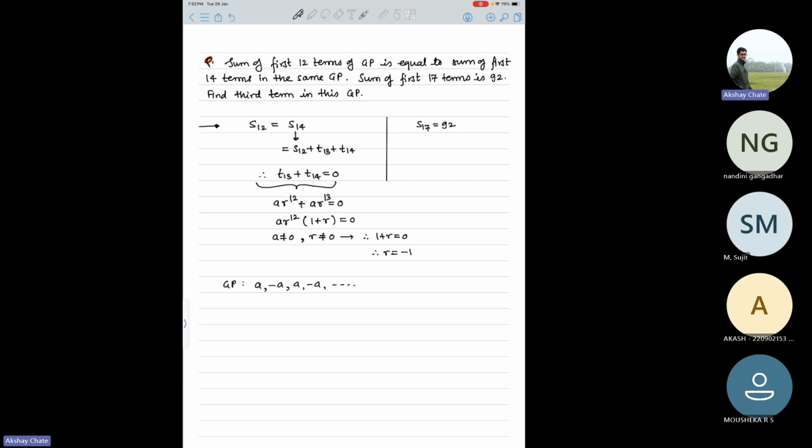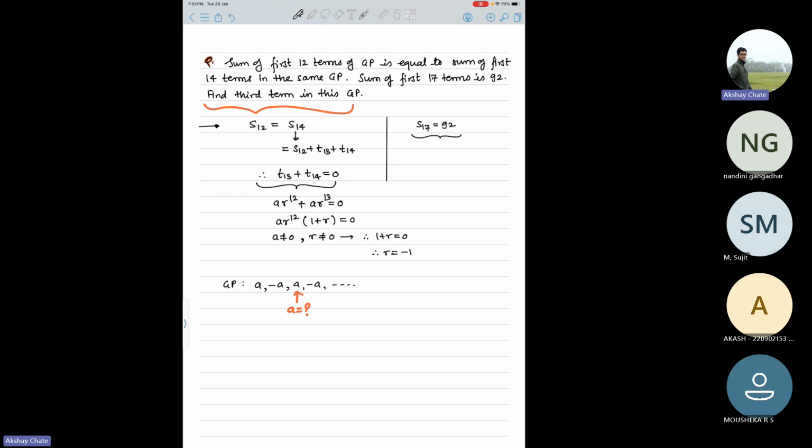What they're asking you to find is the third term of the GP. So our objective here is to find the third term, which is A, so we need to find A. Now look at the last bit of information, which is that the sum of the first 17 terms is 92.